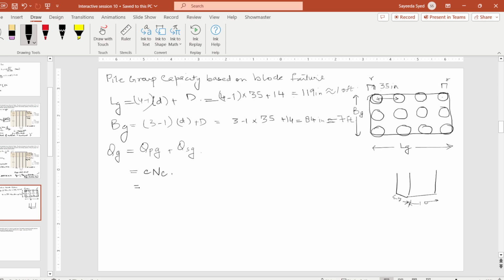So let's do that. So this will be CNC star into area of group, plus perimeter multiplied by length multiplied by C. Here CU is taken as unit friction.